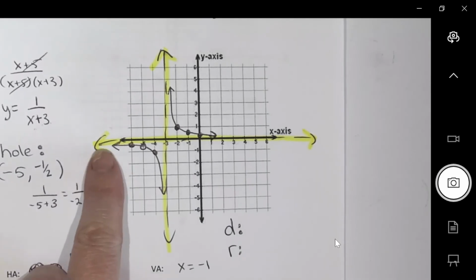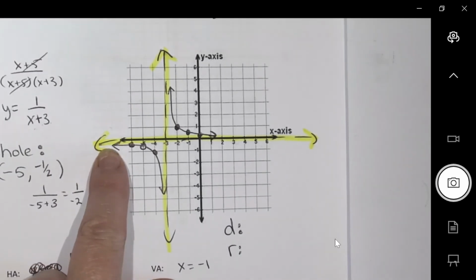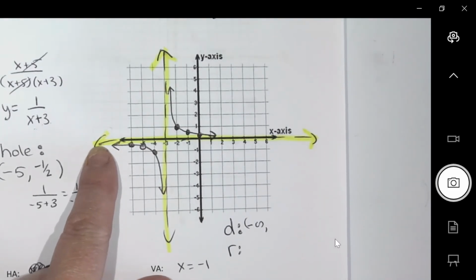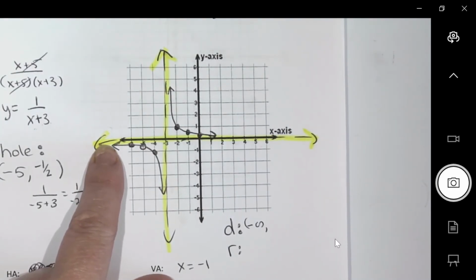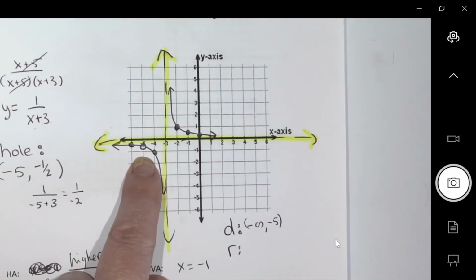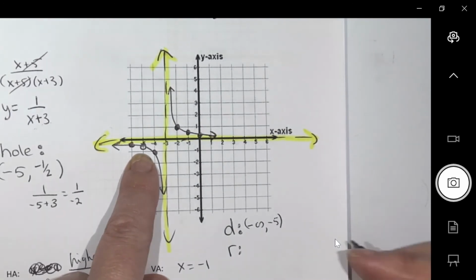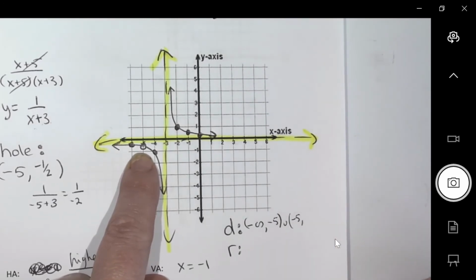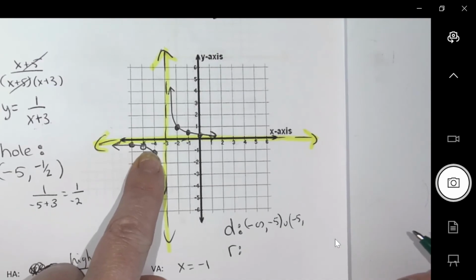Okay, ready? My domain, I'm going to be -infinity. Then what's the x value that I have to skip over? -5, round bracket, because I got to skip over the hole. Then I can continue. So -5, I'm traveling along, -5.